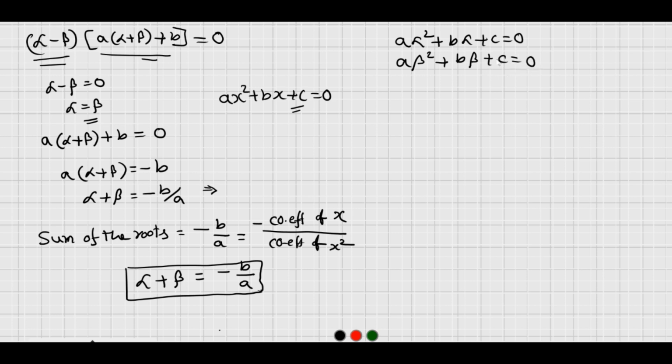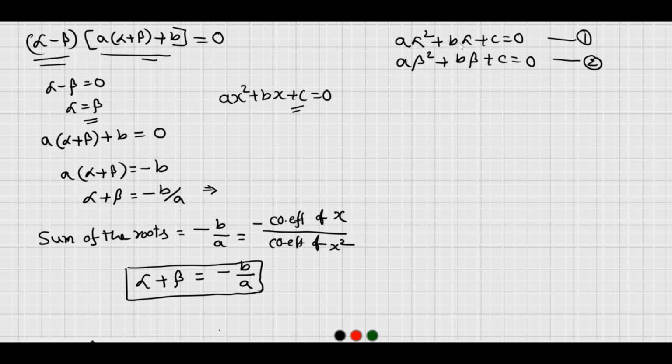Last time we eliminated the c terms by subtracting these two equations. Now we will eliminate the b term. Let this be equation number 1 and this equation number 2. How will you eliminate? This is b alpha and this is b beta, so how do you get the same numbers?